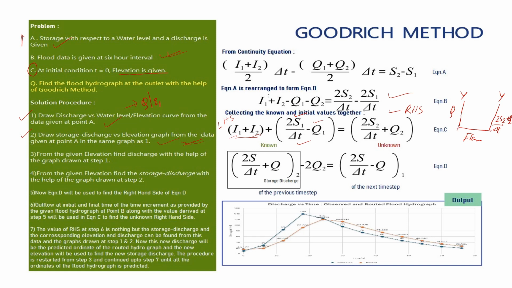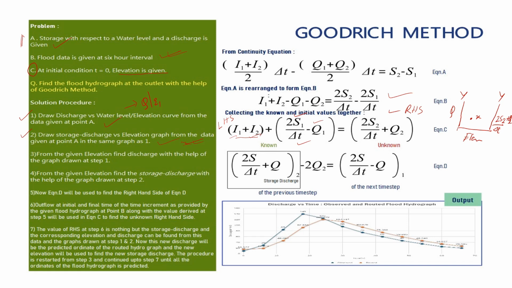For both y, elevation is common. They say that at elevation, suppose x, the flood starts to take place. That is the elevation at t equal to 0.